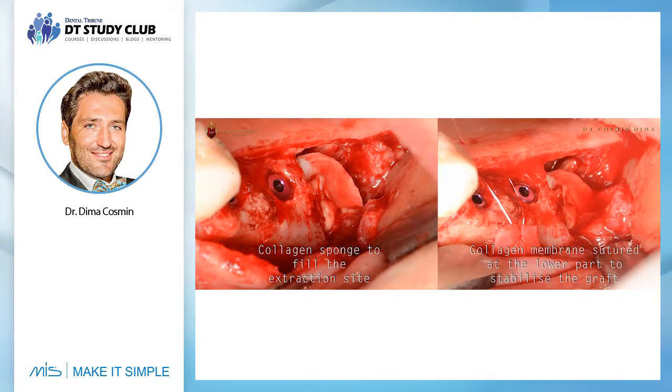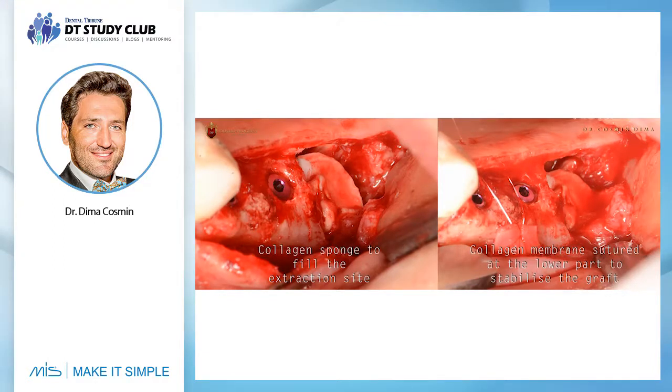After that, we put the augmentation material, so we compress the membrane a little bit, and then the membrane is very stable at the upper part. So if we suture it at the lower part, the graft will be very stable, so we don't need any other complicated sutures or pins or something else. Just with one suture at the lower part, we have the graft very stable.